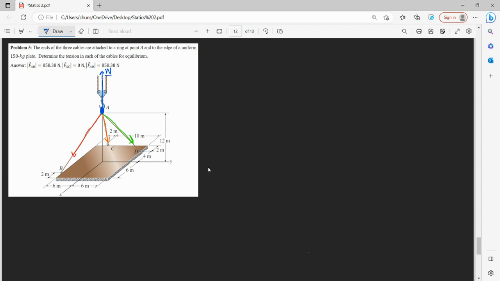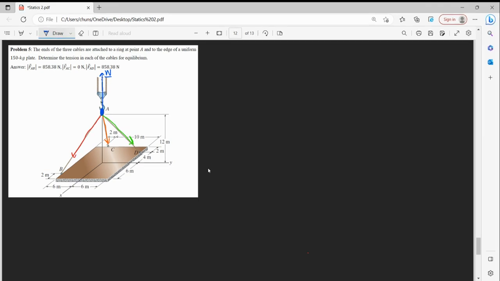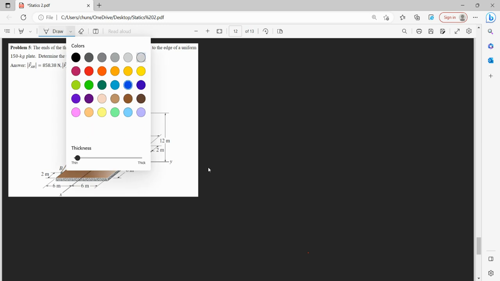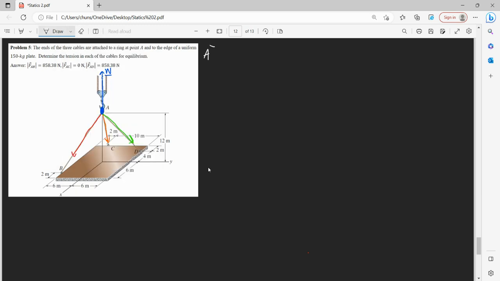Okay, so this is similar to what we did for our first problem. So let's write it out. So for A, we are at a height of 12 meters in the origin.